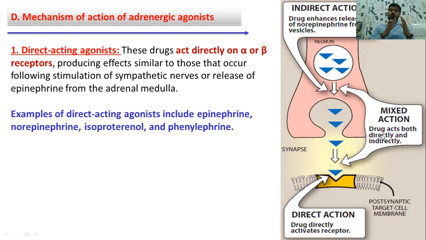So what do we mean by direct, indirect, and mixed acting adrenergic agonists? A direct acting agonist binds to the post-synaptic adrenergic receptor and mediates a specific pharmacological activity. What do we mean by indirect acting adrenergic agonists?